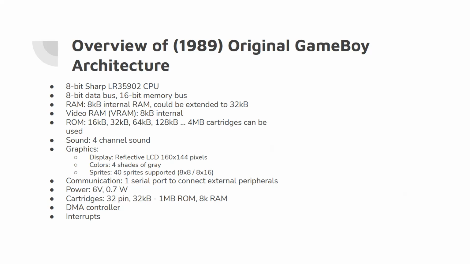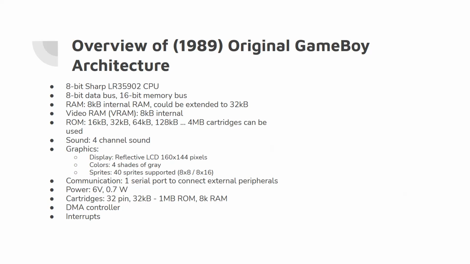The video RAM is separate from that, and it's 8 kilobytes internal. And then for ROM, there can be different sizes of cartridges, all the way up to 4 megabytes. Those are the biggest cartridges, and you don't see them very often.